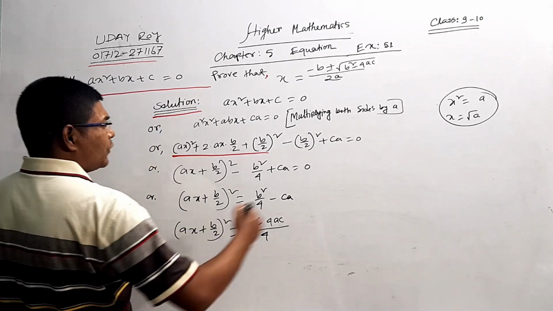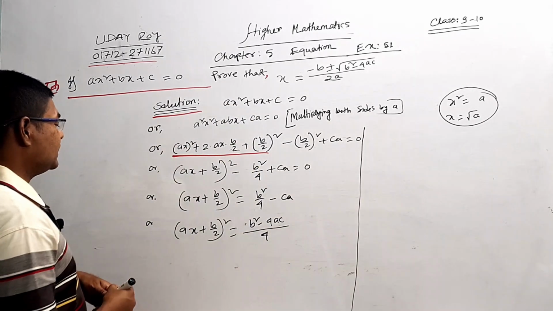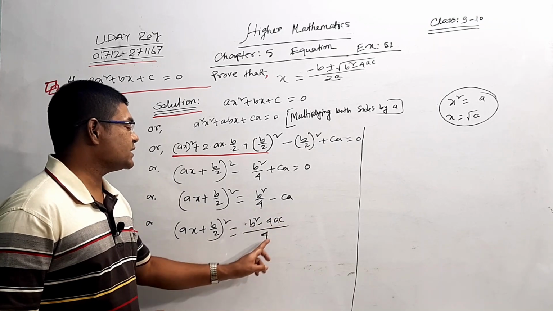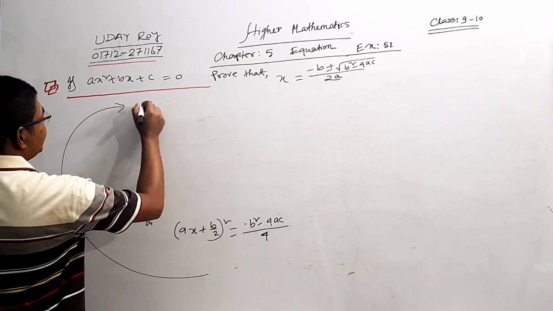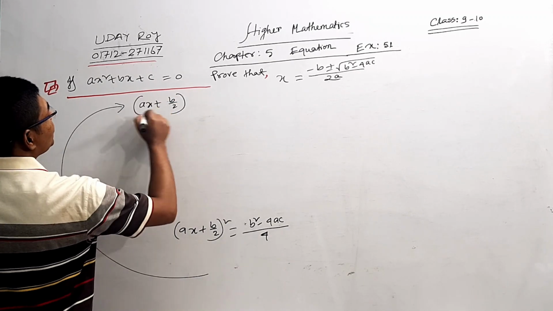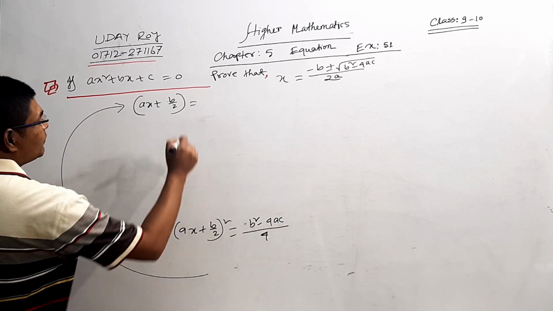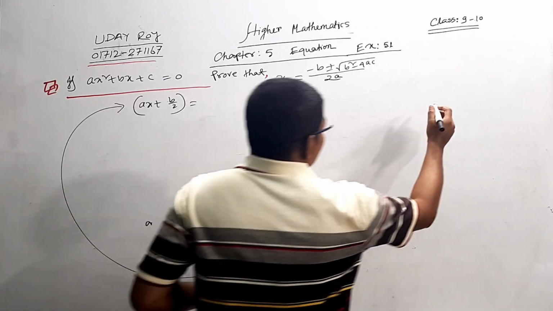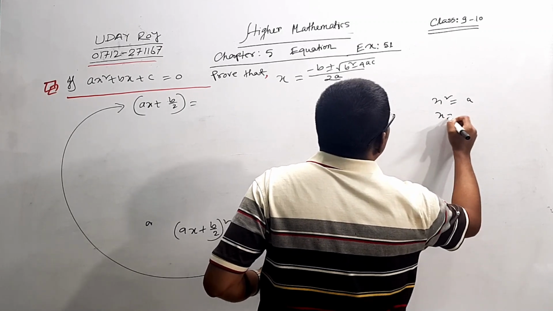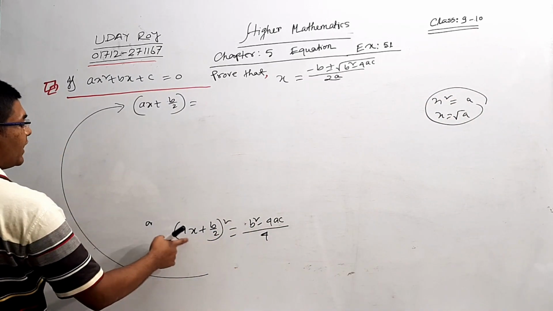Now we can write ax plus b by 2 whole square equal to b square minus 4ac divided by 4. We'll get ax plus b by 2 equal to, here is square, so we can see x square equal to a, so x equal to square root of a. Follow the method in the same way.